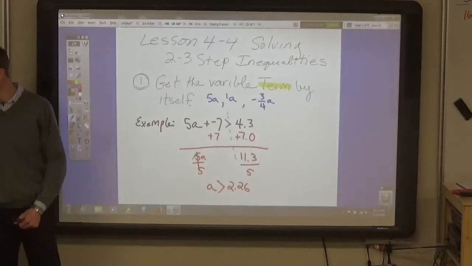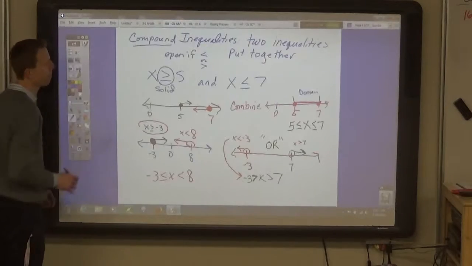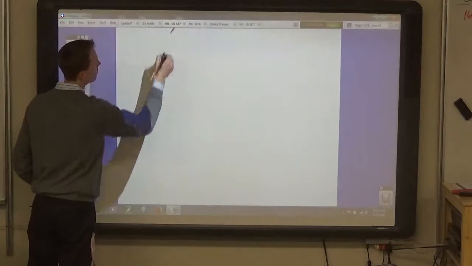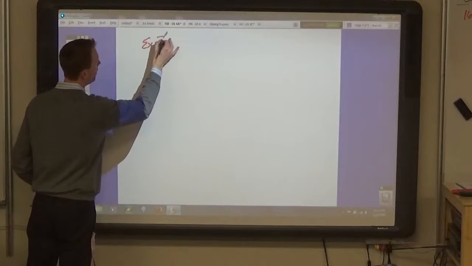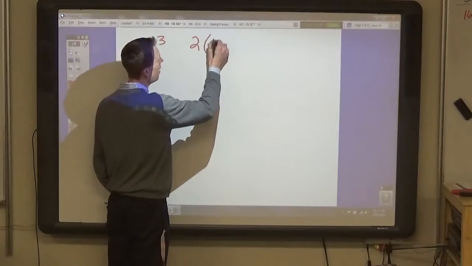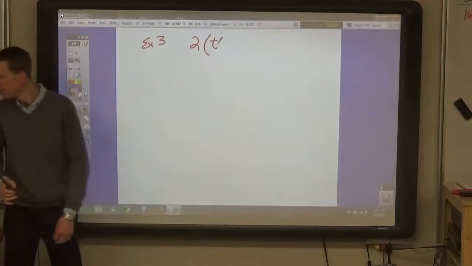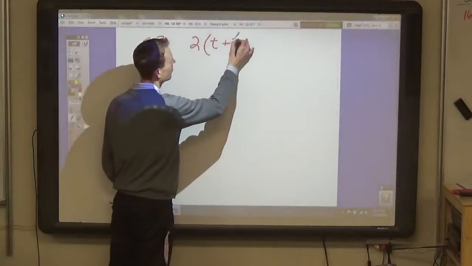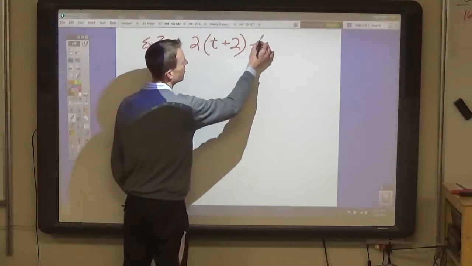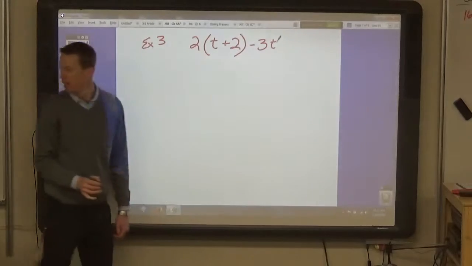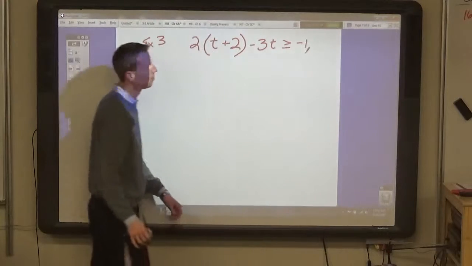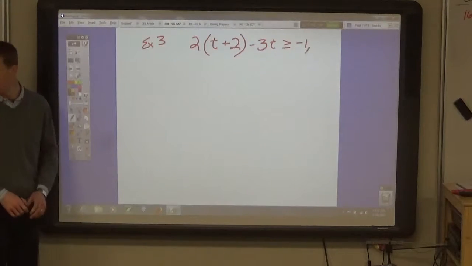Go to example 3 in your book. So this is one like you were asking about, Bailey. 2 times t plus 2, minus 3t is greater than or equal to negative 1 minus.